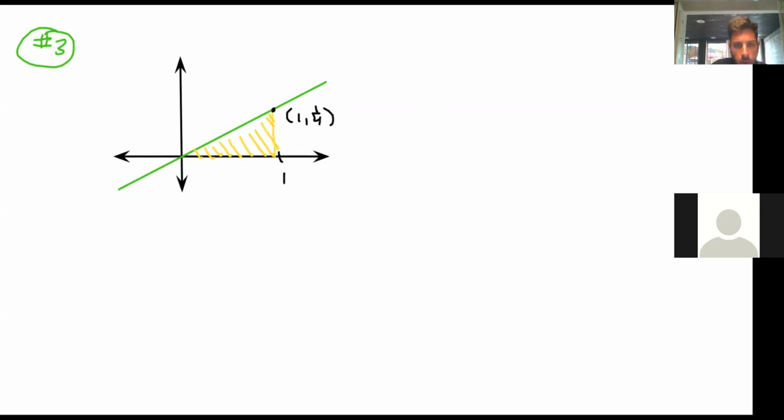And so when I rotate that particular region around the y-axis, I'm getting this. Maybe we'll give this a dotted line to give it some perspective.